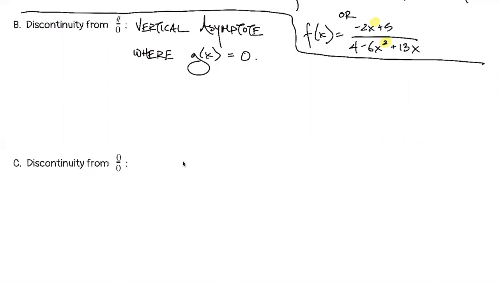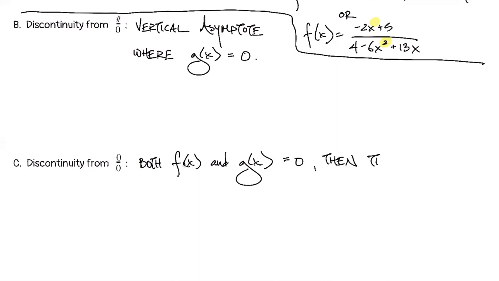But one thing that we should check is, is there a 0 on the top at the same spot too? So if both f of x and g of x, meaning the top and the bottom of your rational function, equal 0, then there is a hole instead of a vertical asymptote.